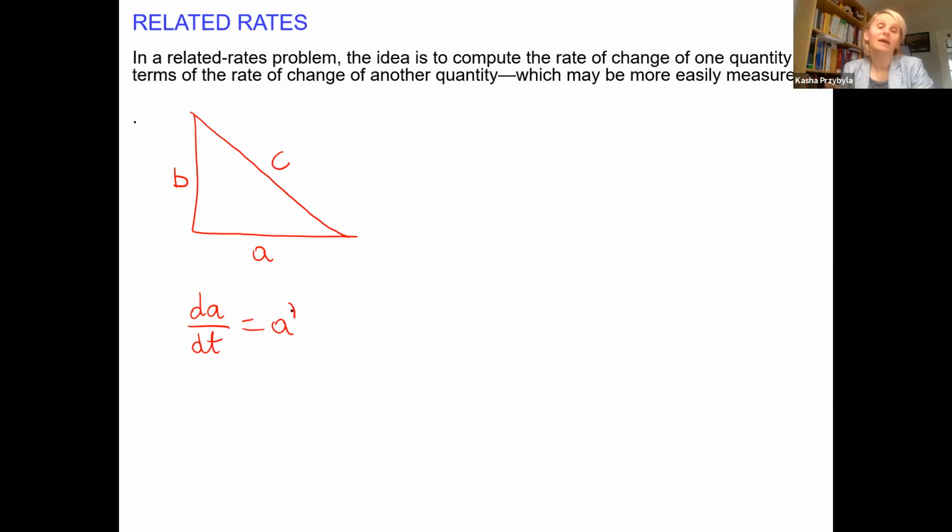Now A is changing. And of course, looking at this triangle, when A is changing, we have to assume that B is changing. That means the rate of change of B with respect to time, or B prime, probably dB/dt. If B is changing, then we have to assume that C is changing. Okay?